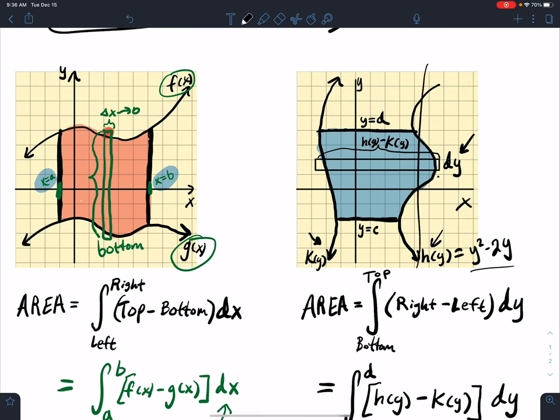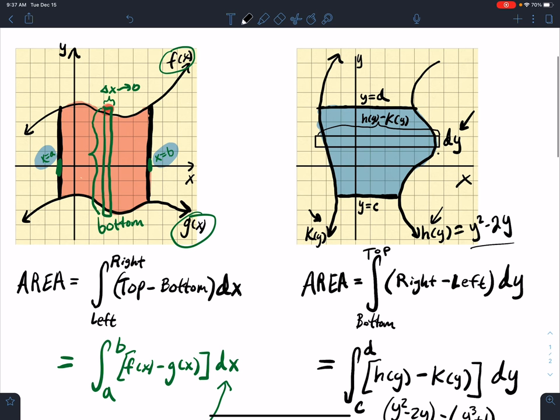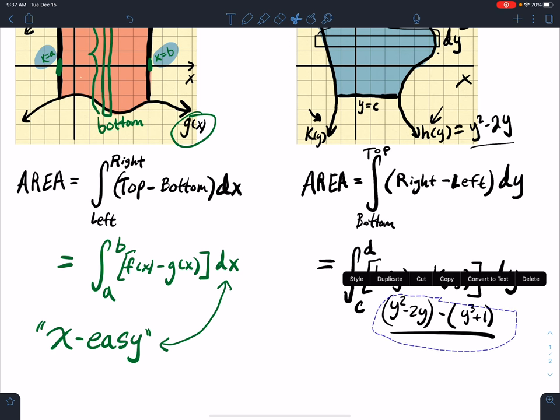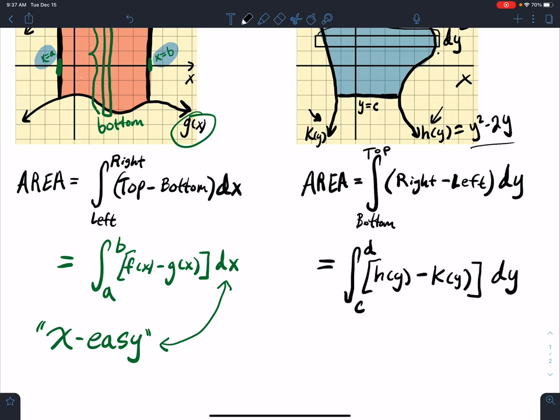Clearly, this isn't a function in terms of x. So it gets kind of nasty if you start trying to do x easy. So we try to go for the path of least resistance, the easiest way to solve the problem. And so this is y easy.